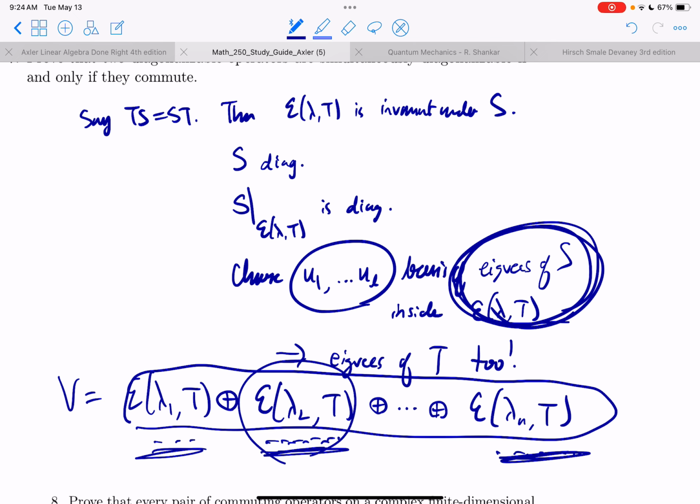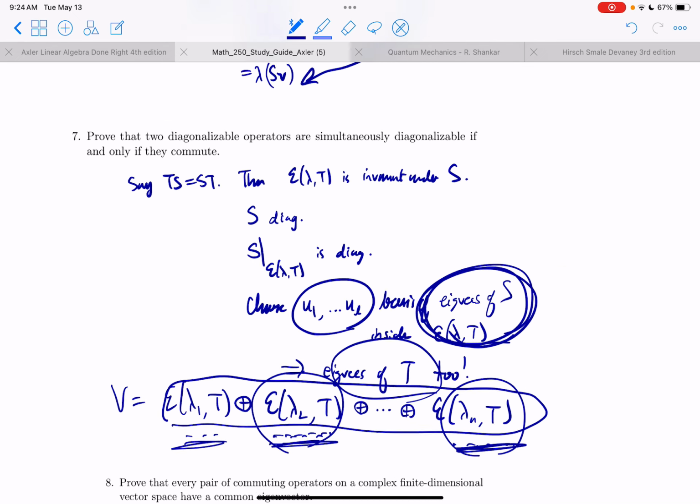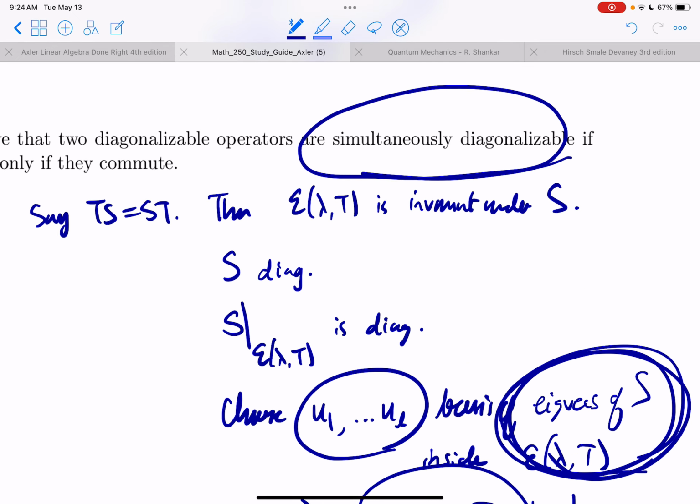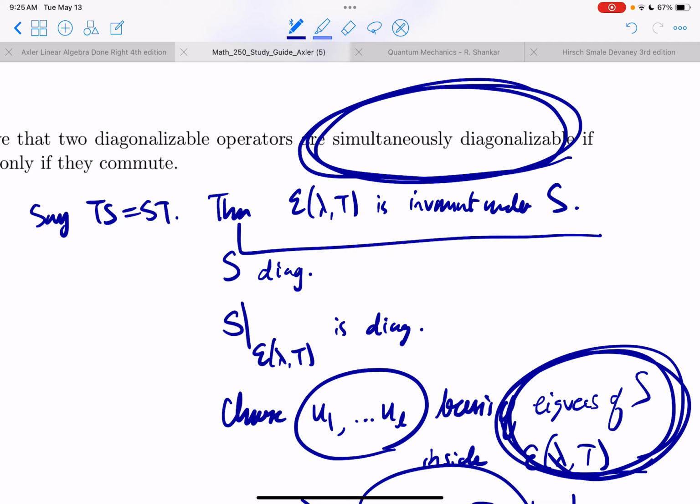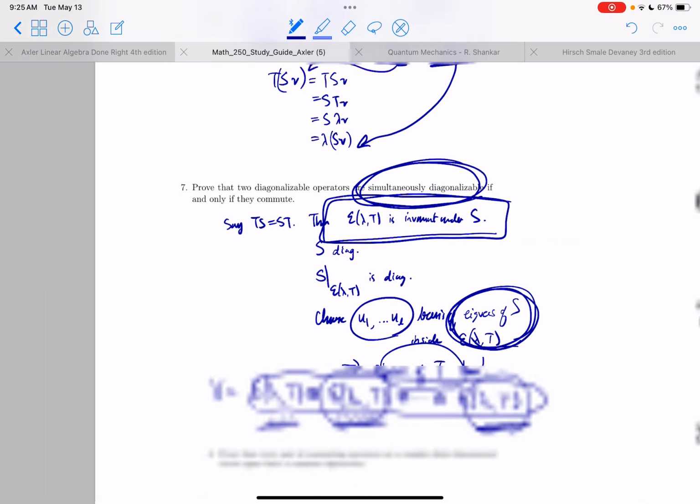But those are coming from each of these spaces, so they're eigenvectors of T too. And that means that our operators are simultaneously diagonalizable. There's a basis of eigenvectors that are eigenvectors for S and for T, and we use the invariance of the eigenspace.